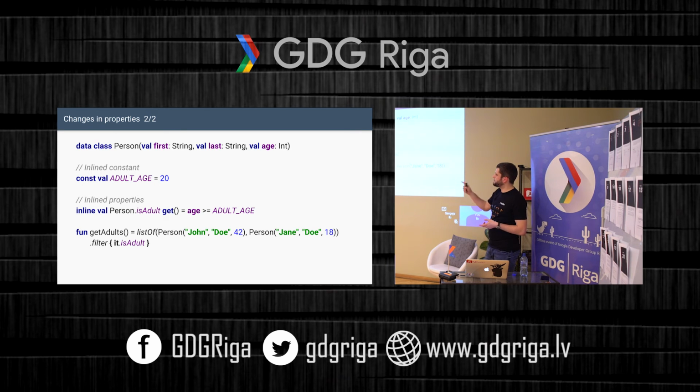So it's still basically a static method with the first parameter of person, and in the end, you see it as data. So Kotlin magic. And here inlined, what inline means is that when you call isAdult there on the bottom, for the compiler, it will see the code in the getter there.